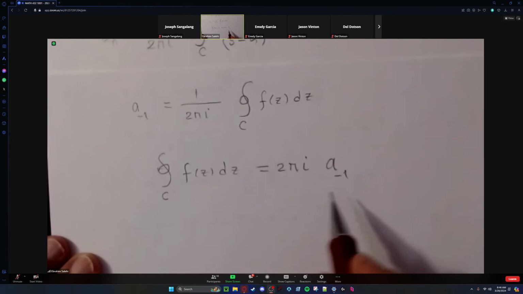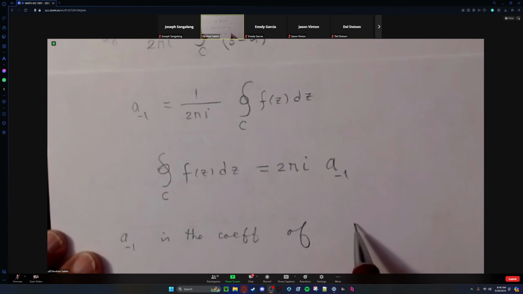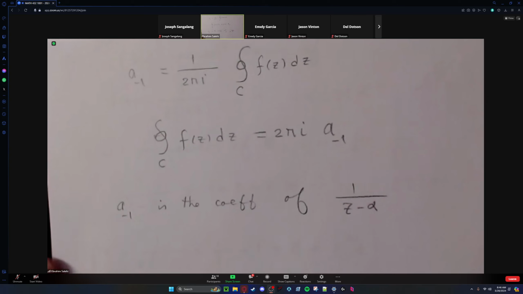So this a_-1 is the coefficient of this in that expansion.